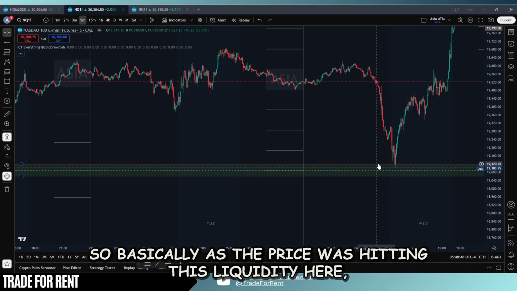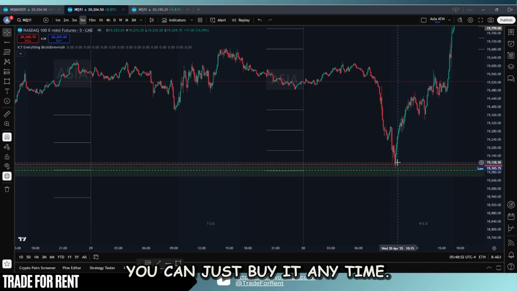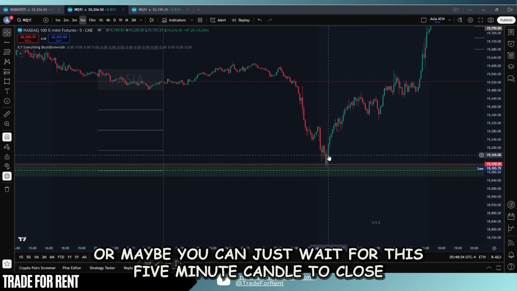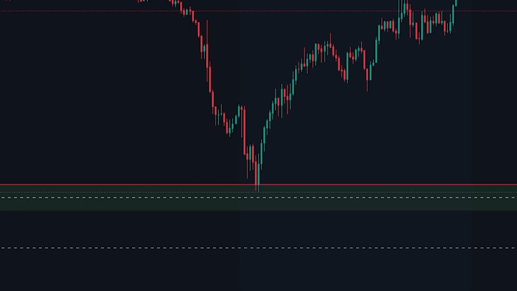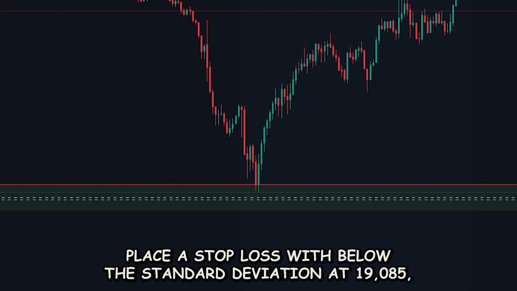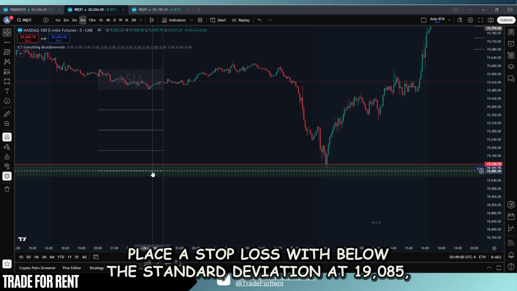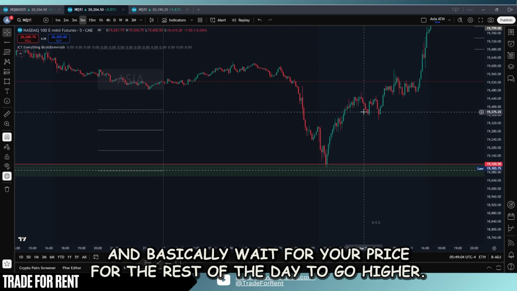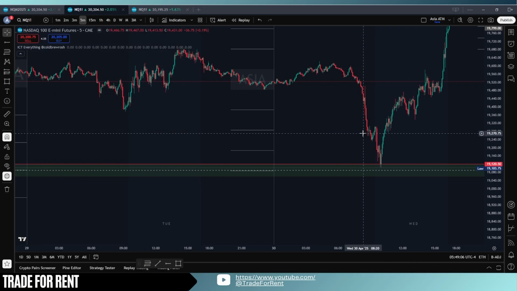So basically, as the price was hitting this liquidity here, you can just buy at any time, or maybe you can just wait for this 5-minute candle to close, entry, place a stop loss below the standard deviation at 19,085, and basically wait for your price for the rest of the day to go higher.